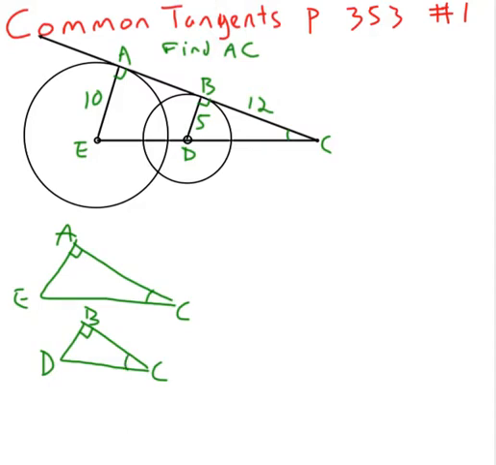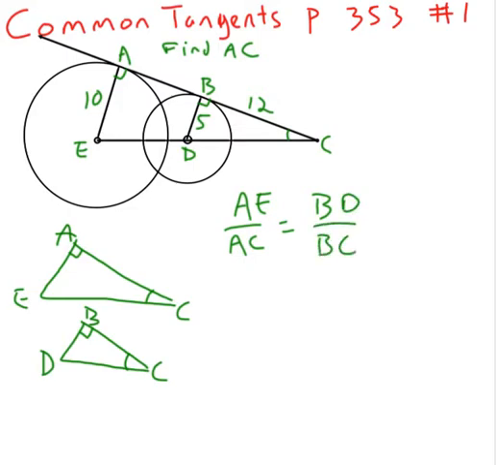Once we have similar triangles, we can use the fact that corresponding parts of similar triangles are in proportion. So AE over AC equals BD over BC.